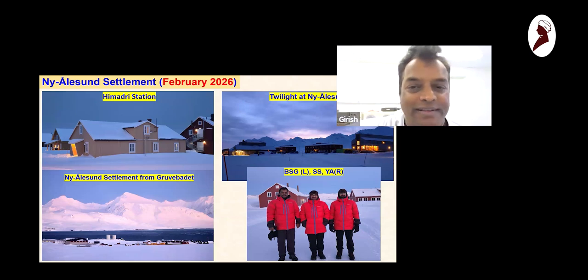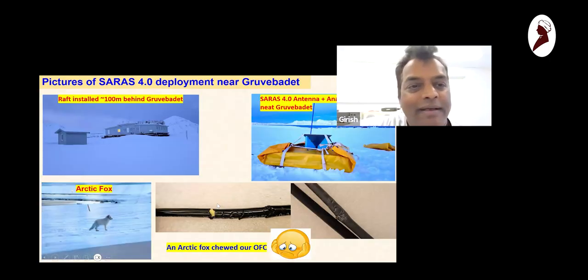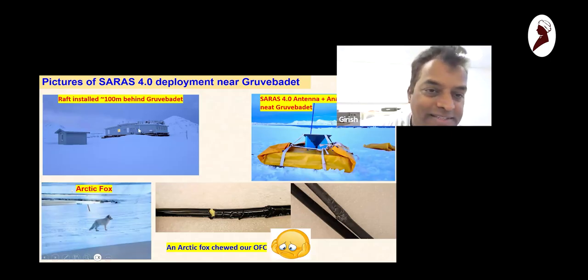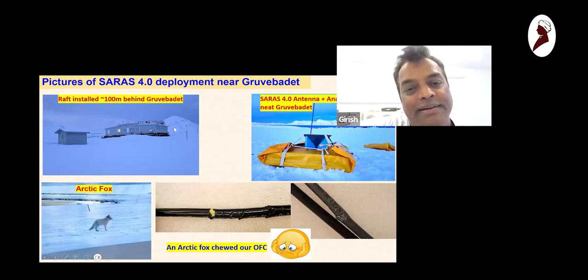This is how the settlement looks in sunlight, and this is the three of us in front of it. The bottom left is the view of the New Alcyon settlement from Gruevada. And this is the Gruevada lab. What you're seeing is the entrance, and this is the rear side of Gruevada.